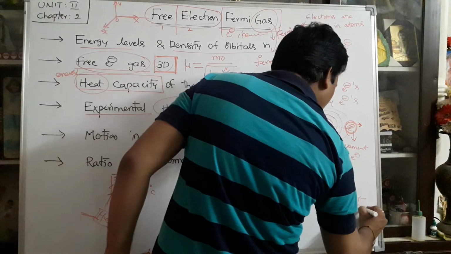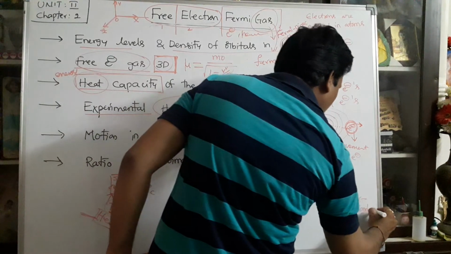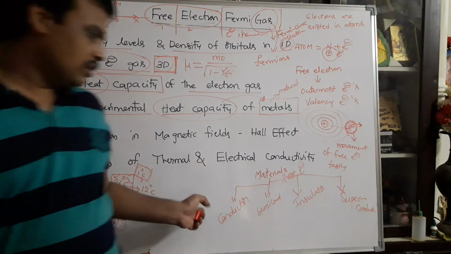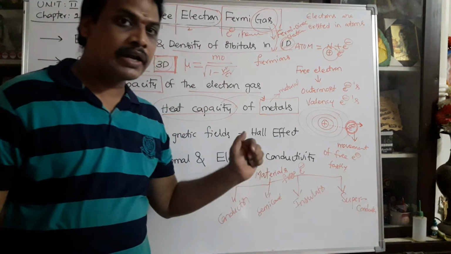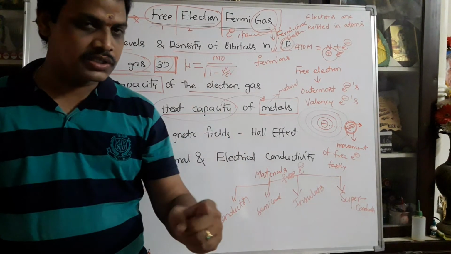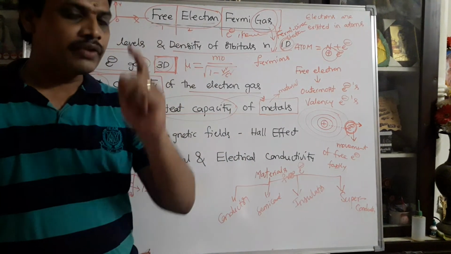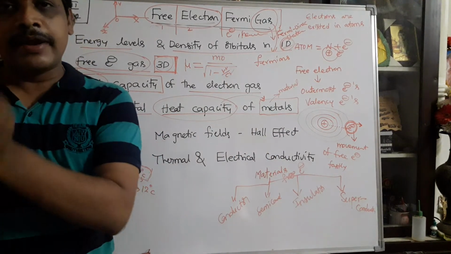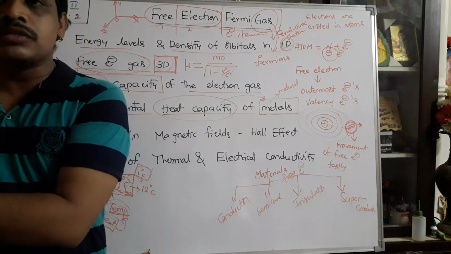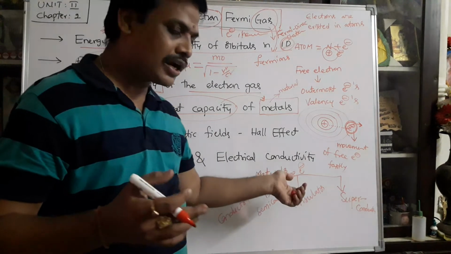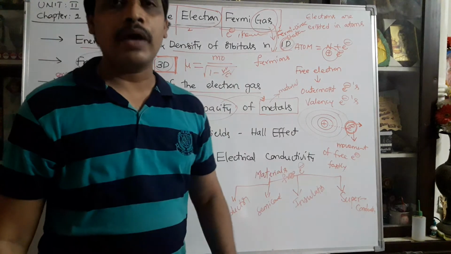The fourth material is called superconductor. These 4 are classified depending on the quantity of free electrons in the material. How many free electrons exist? Depending on that number of free electrons, the material is named either conductor, insulator, semiconductor, or superconductor.